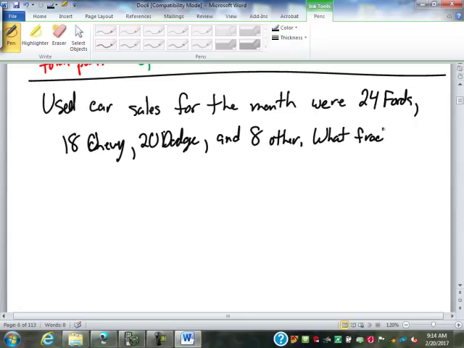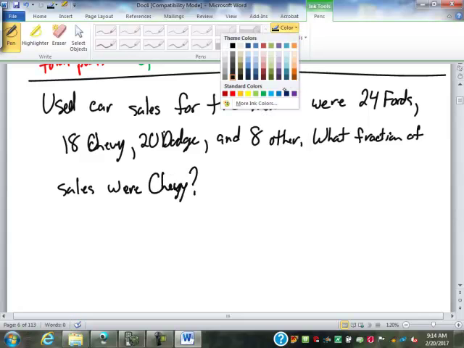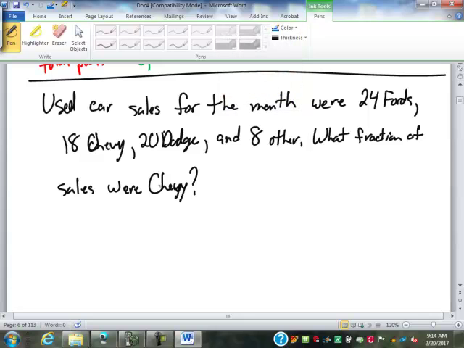What fraction of sales were Chevy? So obviously we're focusing on Chevy, but what is it going to be based off of?